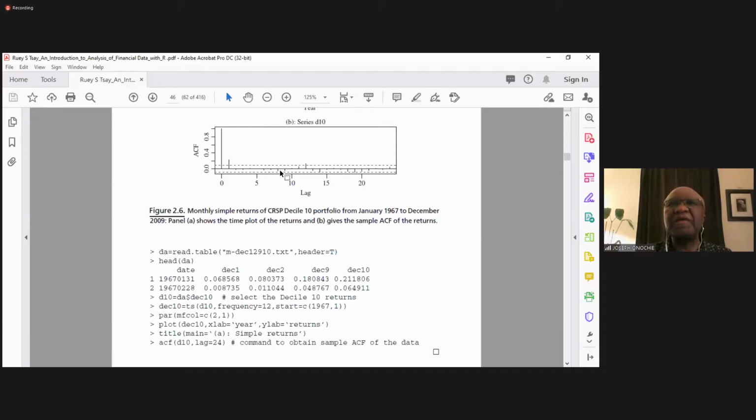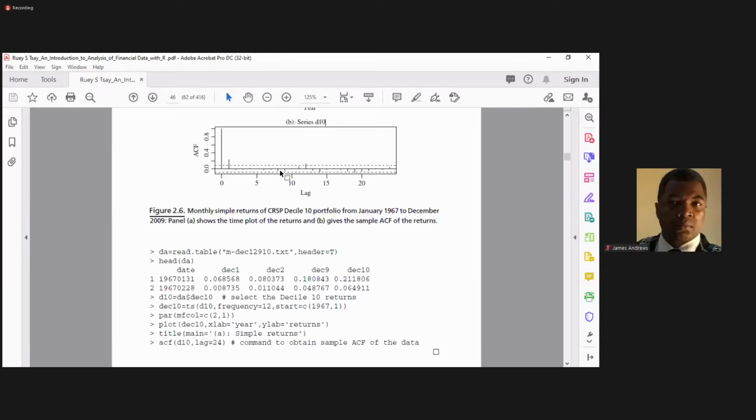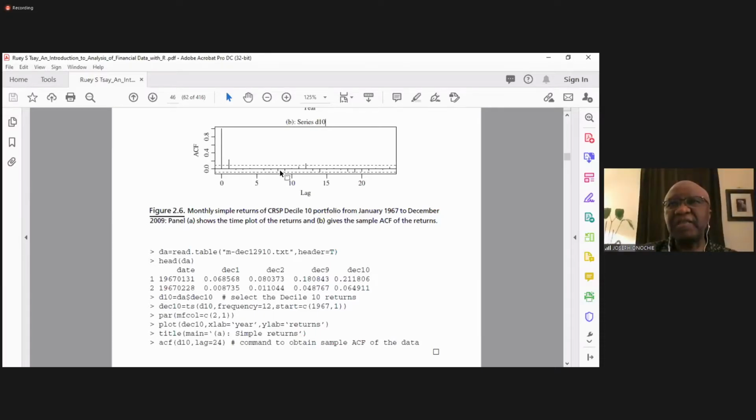So for example, I can ask you at the 1% significance level, are these autocorrelations statistically 0? 1% significance level means 99% confidence. At a 5% significance level, let's create an interval at 95% confidence, and so on and so forth.